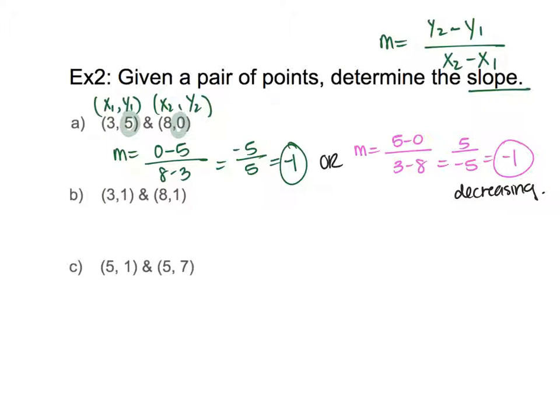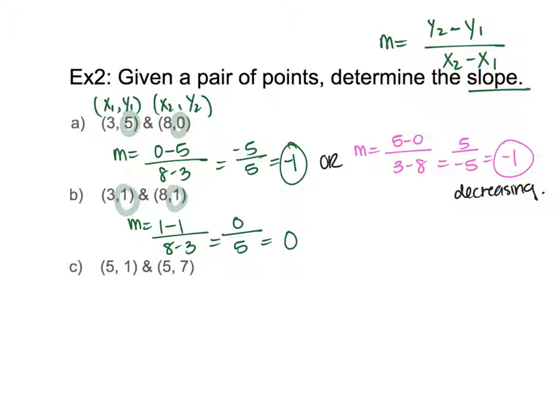Okay, next one here, I'm going to also solve it out. So I'm going to set up my slope here. I'm going to take my y value, so 1 minus 1, over 8 minus 3. So that's 0 over 5. Whenever you take 0 and divide it by some number, it's always going to be 0.